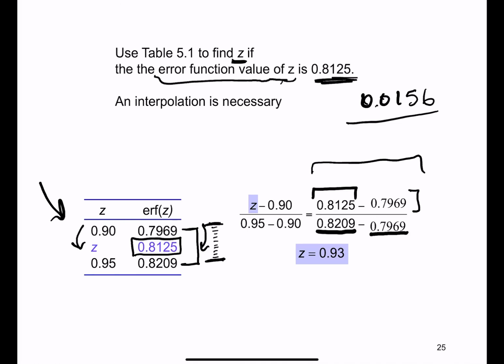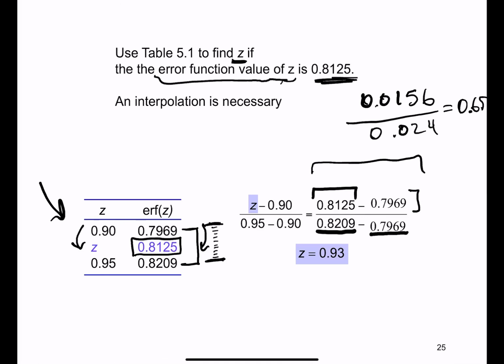And we're going to divide that through by the difference between the limits of our entries in the table, 0.8209 minus 0.7969, divided through by 0.024. Again, numerator should always be smaller than the denominator. Looks good. And the outcome there equals 0.65.